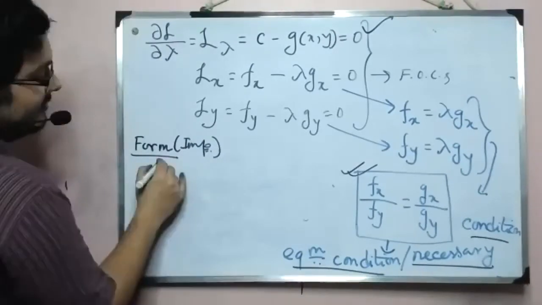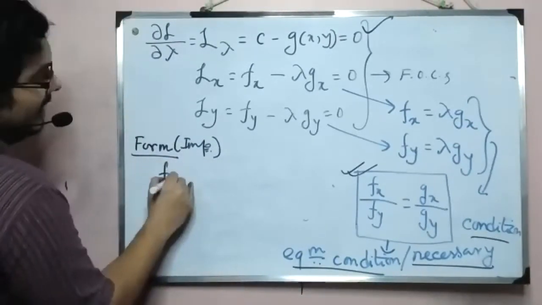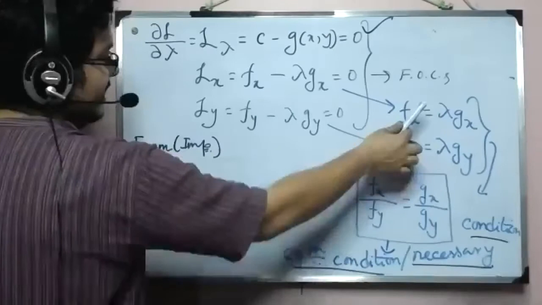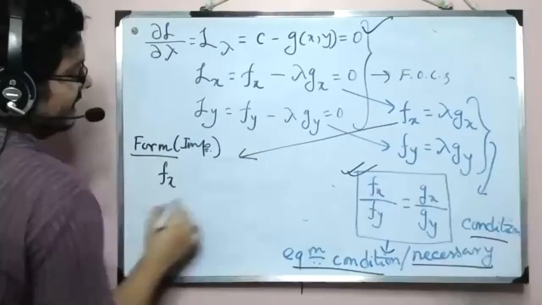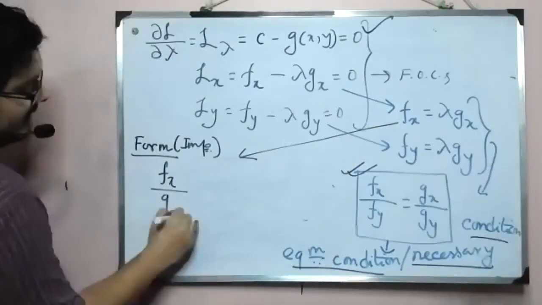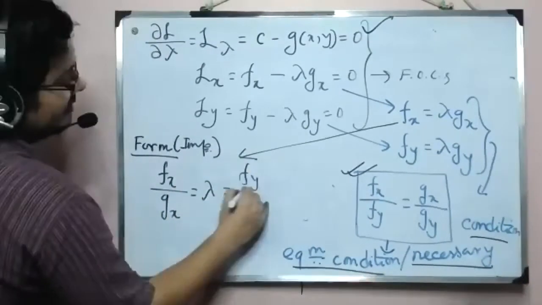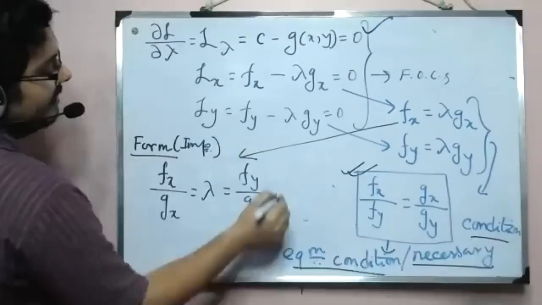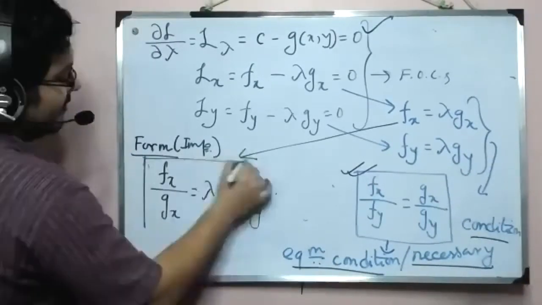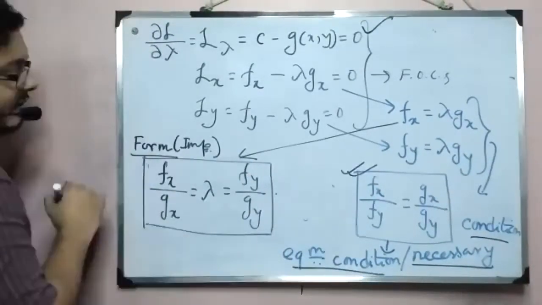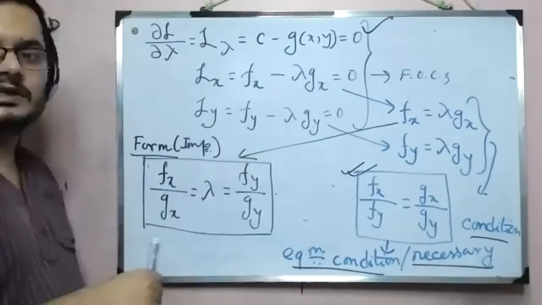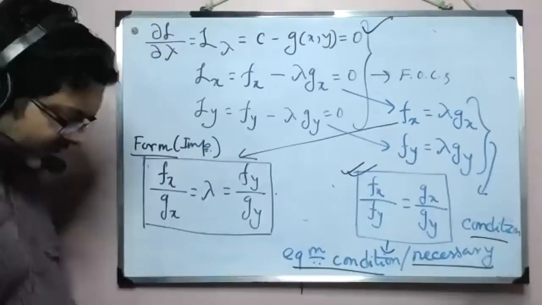What is this form? The form is this. From here, if I write fx divided by gx equal to lambda, which is also equal to fy divided by gy. So what does this mean?